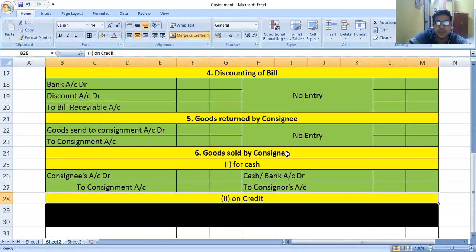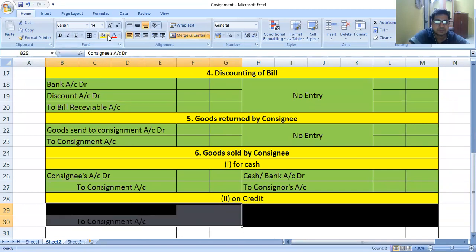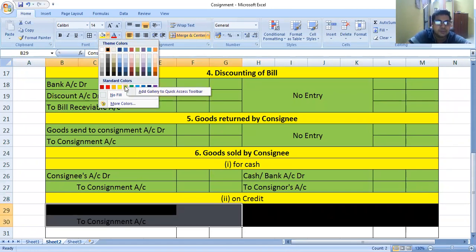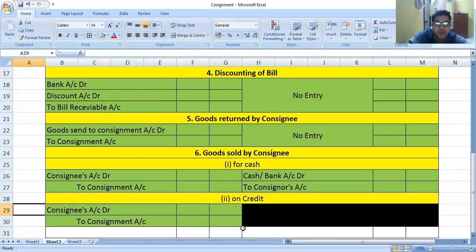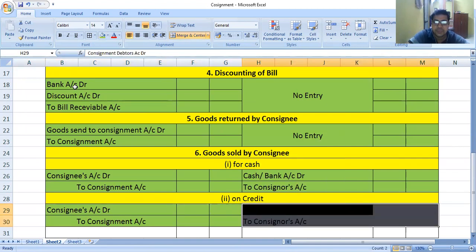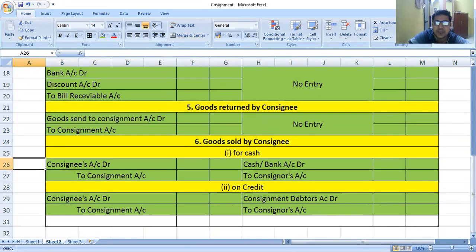When the goods are sold by consignee on credit, the entry in the books of consignor will be consignee's account debit to consignment account, and in the books of consignee, consignment debtors account debit to consignor's account.